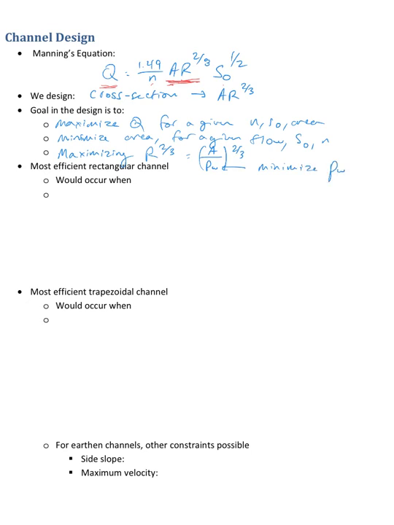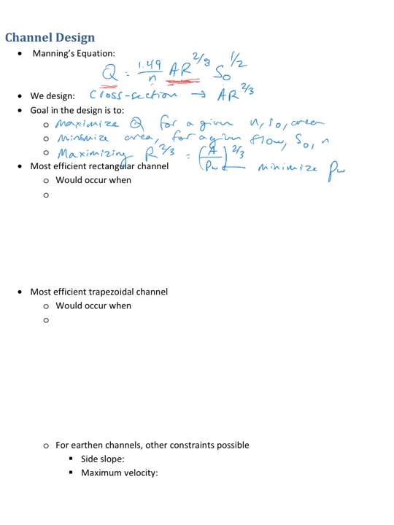We want as little wetted perimeter as possible, so we have as little frictional effects going on as possible. So we can use some calculus to figure out what are the dimensions of such a channel that would do all this, and your book goes through some of that derivation.